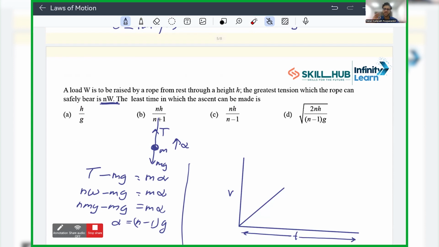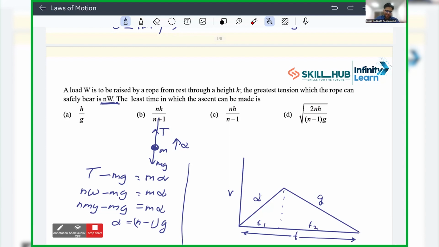Then the deceleration has to be taken care of by gravity. So the deceleration we can have is g. That's the maximum deceleration possible. In the first period it would be accelerating with alpha, and in the next period it would be decelerating with g. We can call the first period t1 and the second period t2.